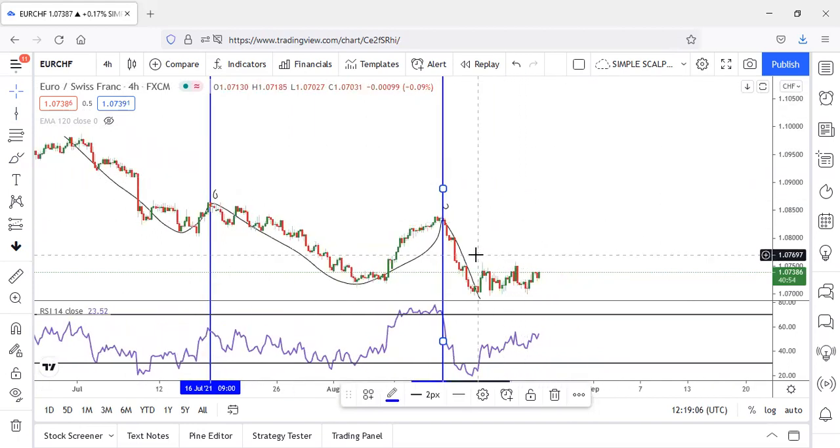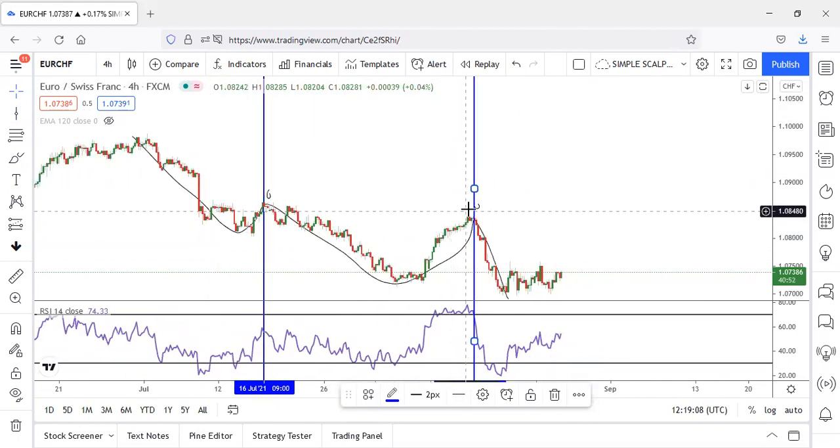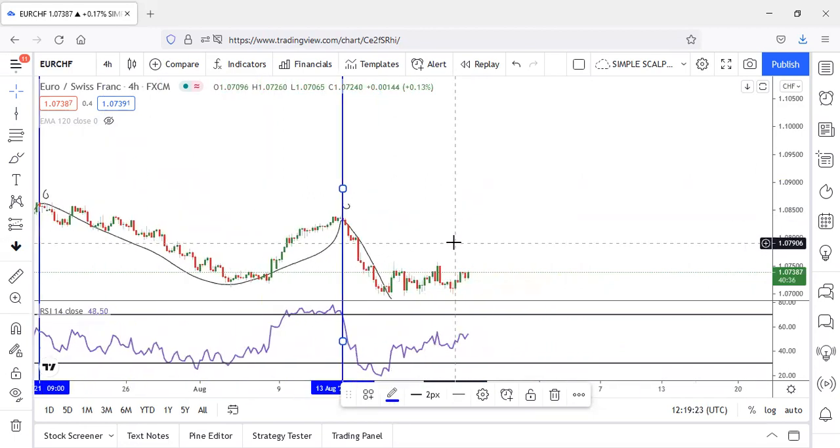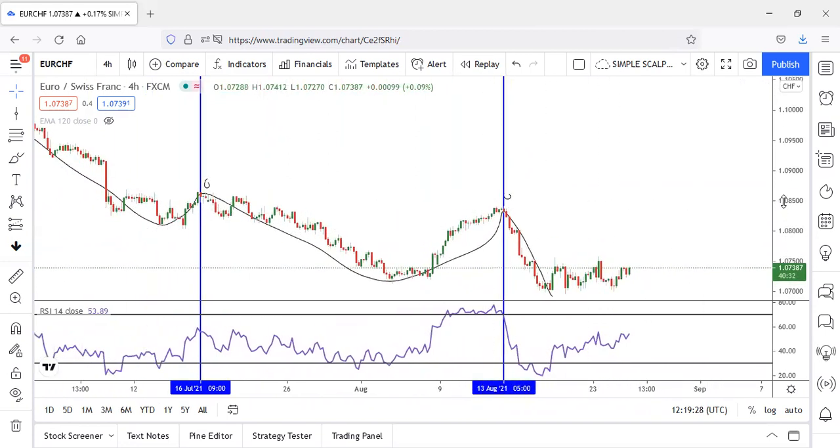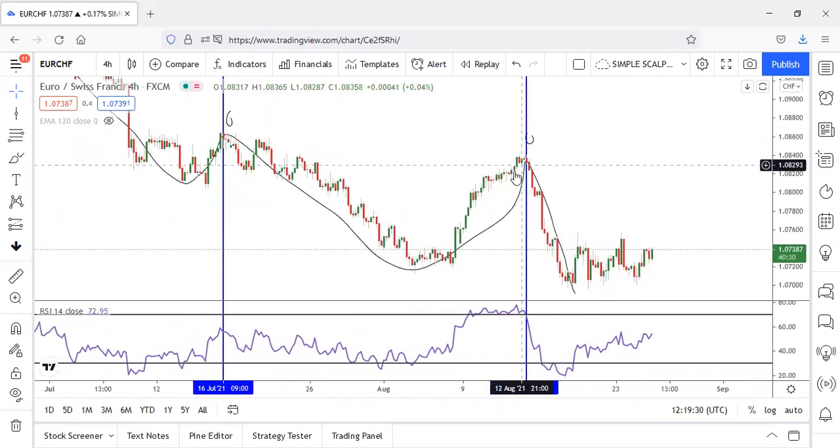Now, another thing I want to share with you at this point is, how do you know where price is going to stop right there? Is price not going to come up here? Is it not going to stop at the lower part right here? The only thing you want to be able to spot is when you see that price is stalling. What do I mean by stalling? Price has started ranging on a lower time frame, e.g., like 15 minutes or 1 hour. This is the 4-hour chart.